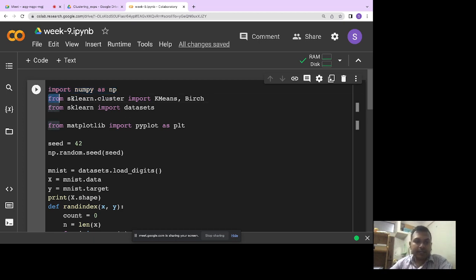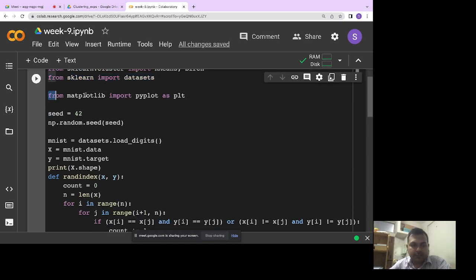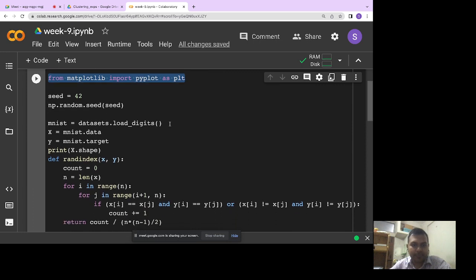Then sklearn.cluster is the one which provides you k-means, BERT, and all the different clustering algorithms, and datasets. This is there for getting the MNIST dataset. And this plotting, sometimes you might want to plot the datasets or the clusters, so for that you might sometimes need this.